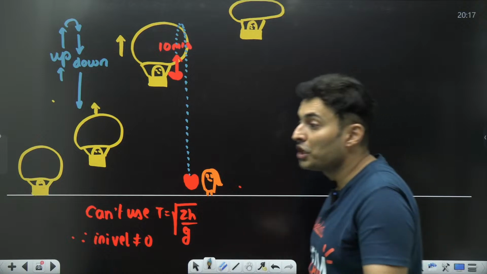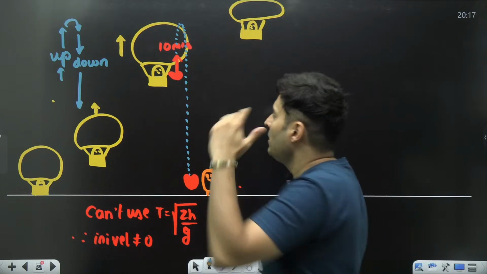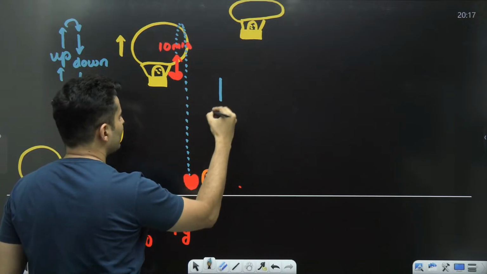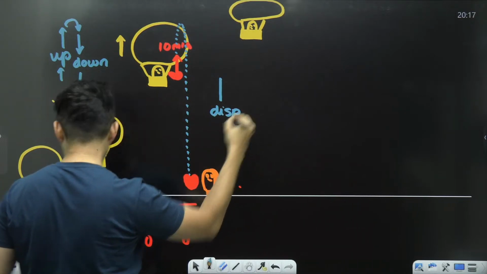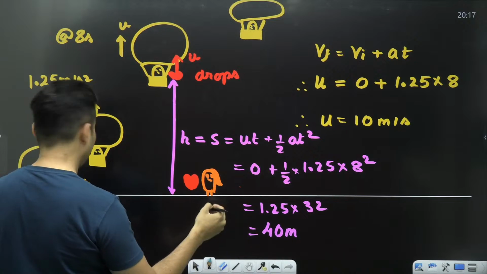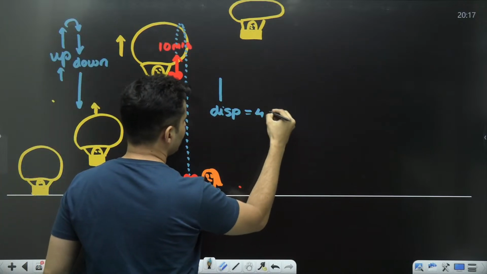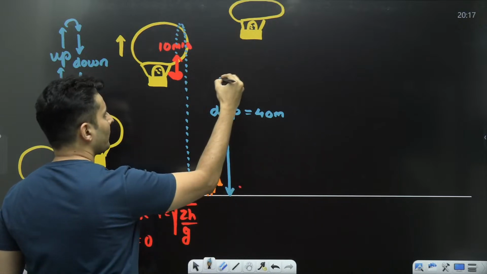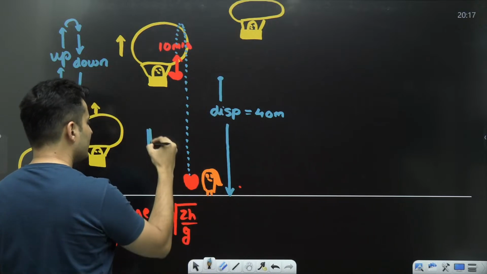Okay, so then what is the other alternative? I know one thing. There is this displacement. How much is the displacement? 40 meters. Displacement is 40 meters, sir, downwards. Acceleration is there downwards.